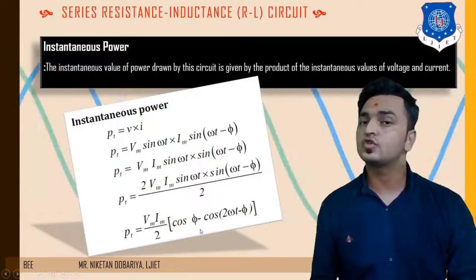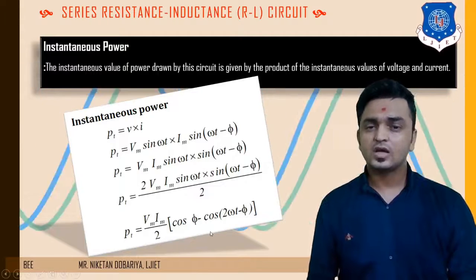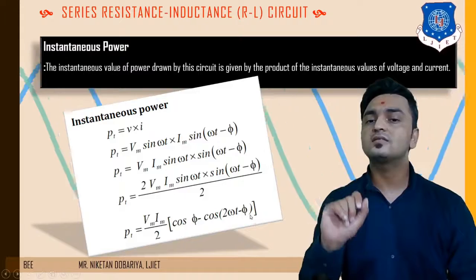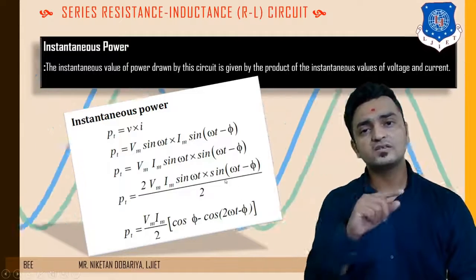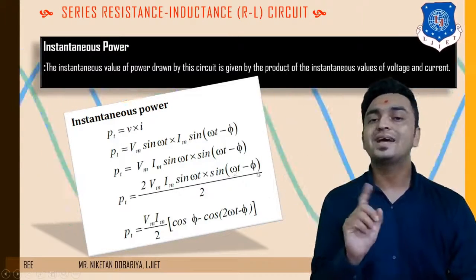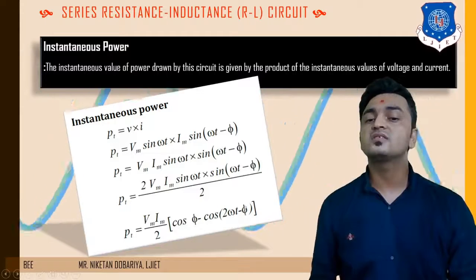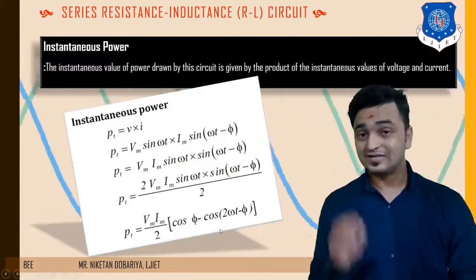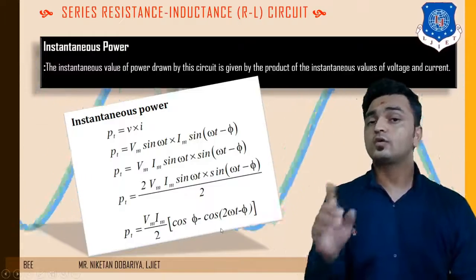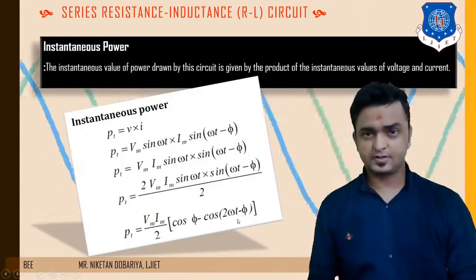That's why we have cos phi over here. And for the second cos, we are going to add these two angles. So omega t plus omega t is 2 omega t, minus phi. That is the angle of the second cos. So this is the equation for instantaneous power for the RL series circuit.